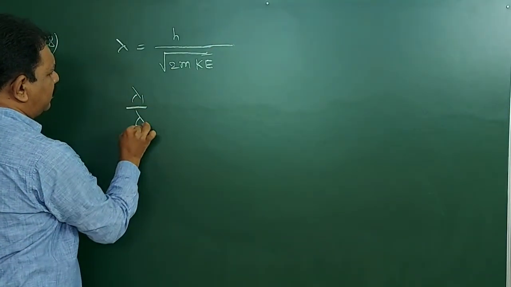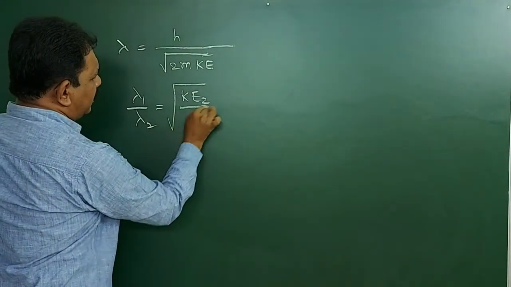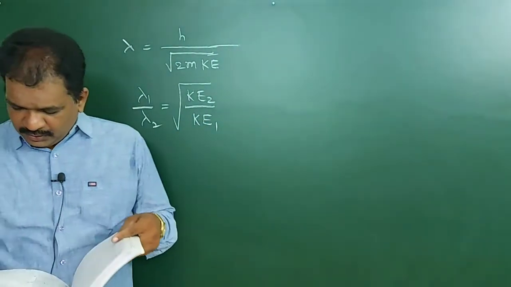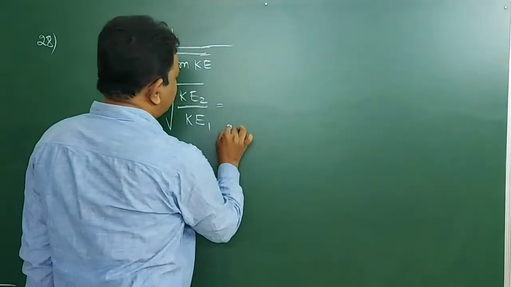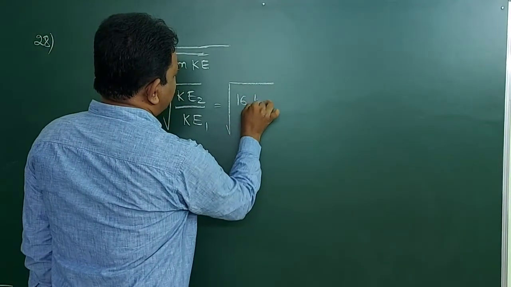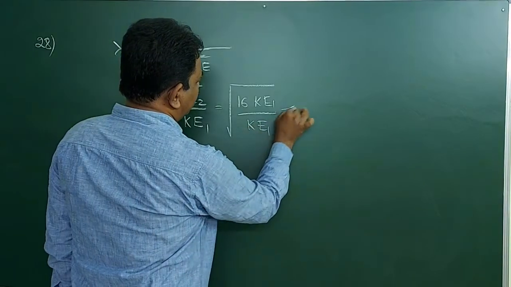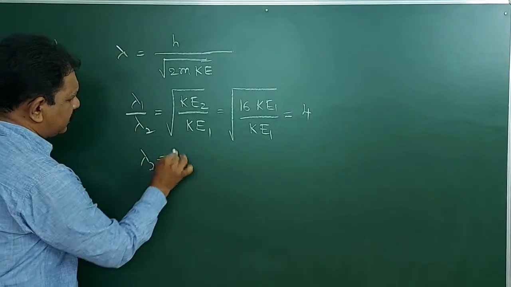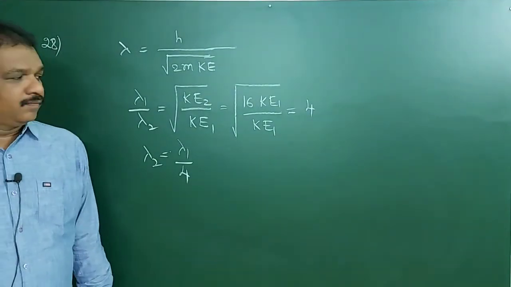So lambda 1 by lambda 2 is equal to root of KE2 by KE1. Here KE2 is 16 KE1, so this is root of 16, which is 4. Lambda 2 is equal to lambda 1 by 4.